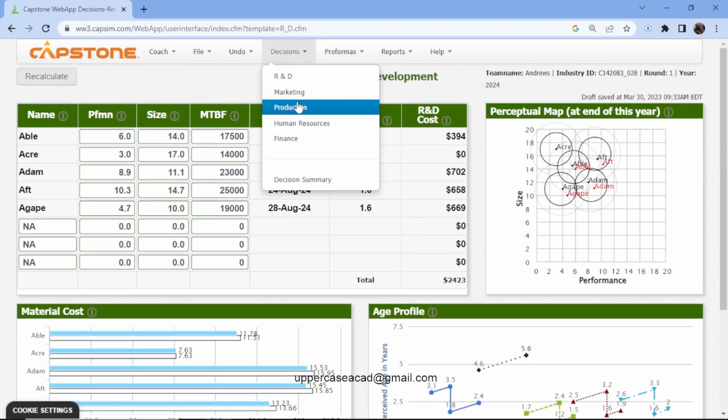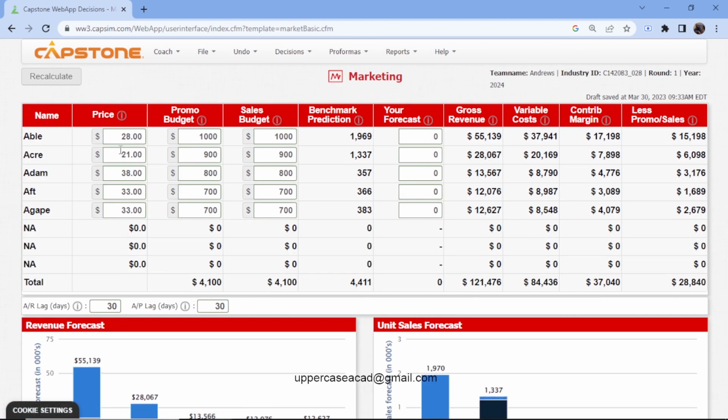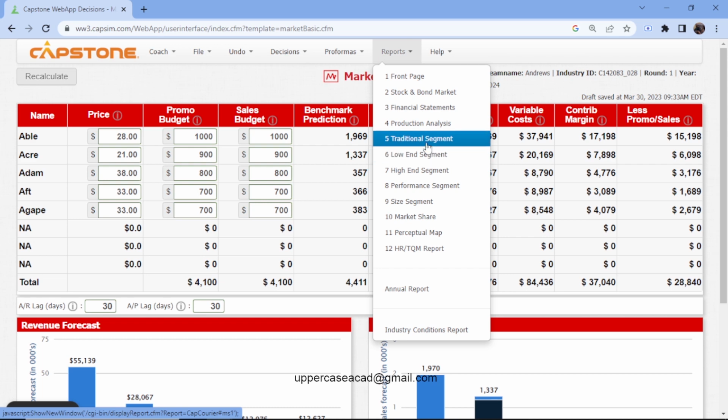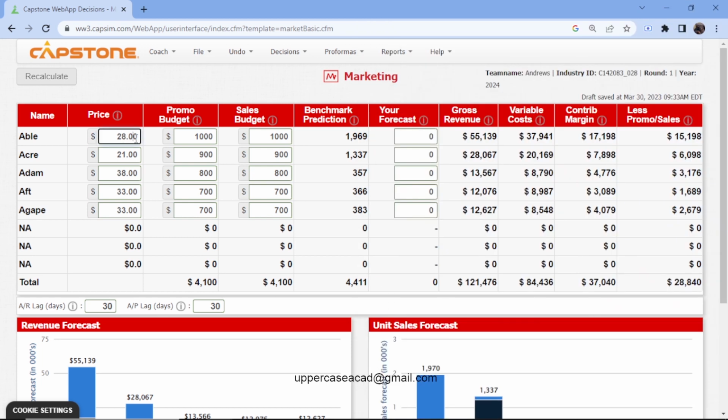Then our next step is we go into the marketing segment. If I look at my reports, traditional price has an importance of 23%, and they want a product with a price of between 20 and 30. So I'll give it 27.5.